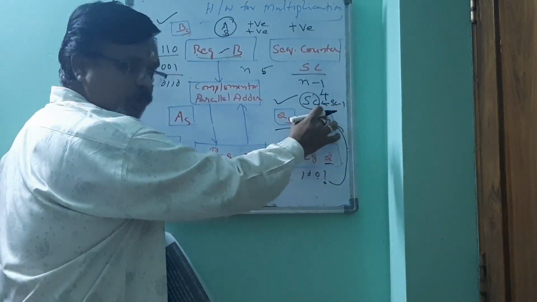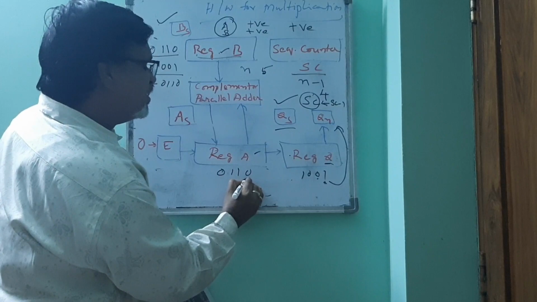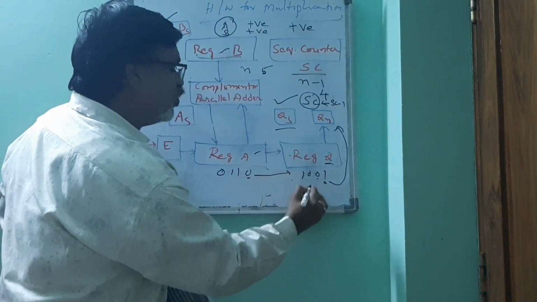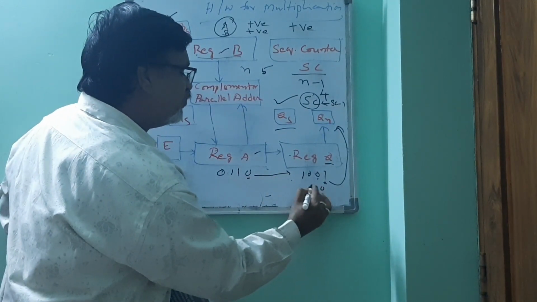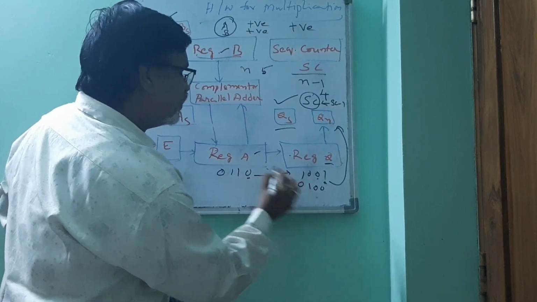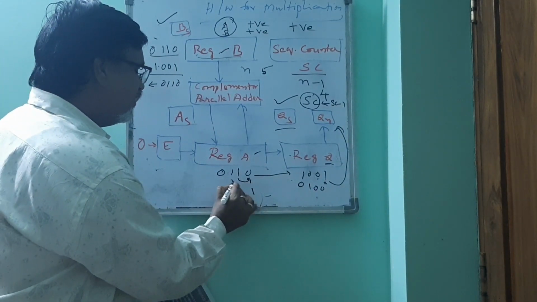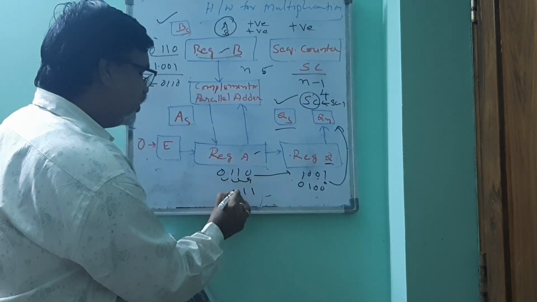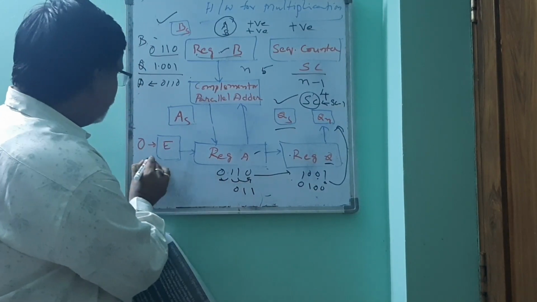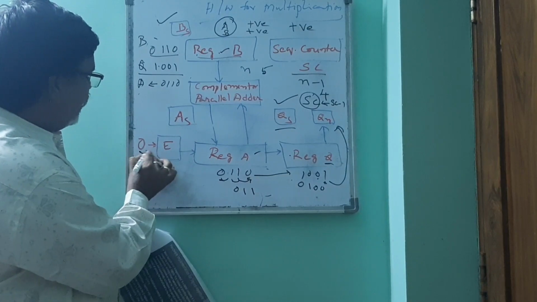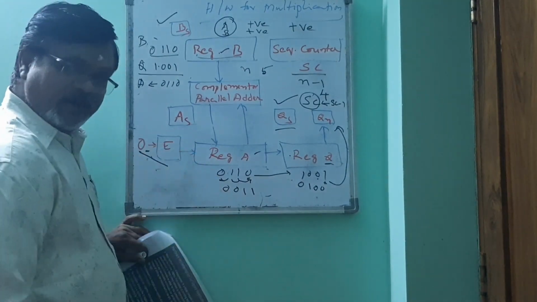After it is moved to Qn, the least significant bit will be moved here. So it contains 0, 1. This bit will come here, that is 1. This comes here 1, this comes here 0. Then whatever the value of E initially, that will be moved here.